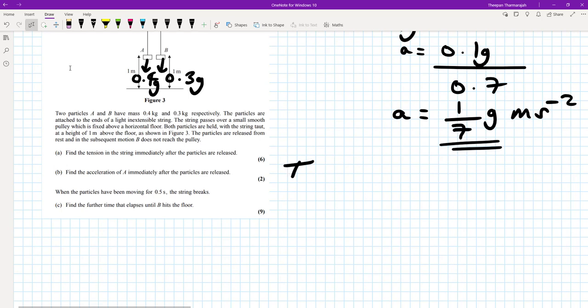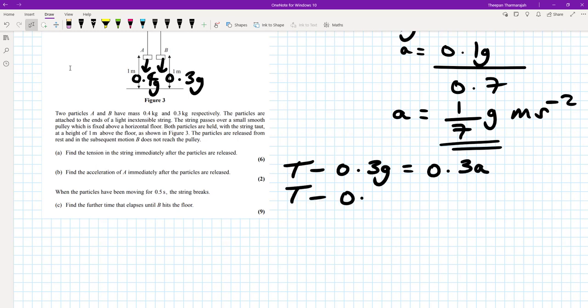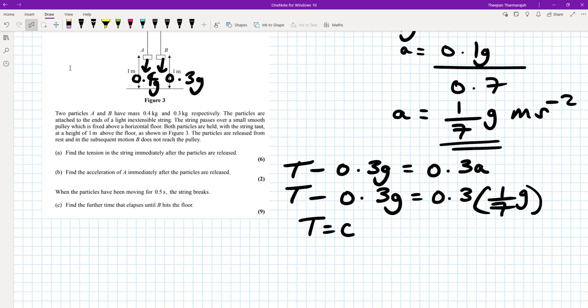So T minus 0.3g equals 0.3a. So T minus 0.3g equals 0.3 times 1/7 g. So T equals 0.3g plus 0.3g over 7.